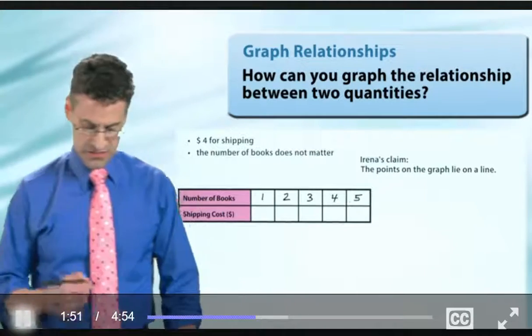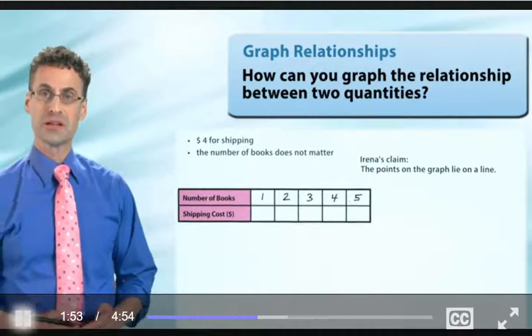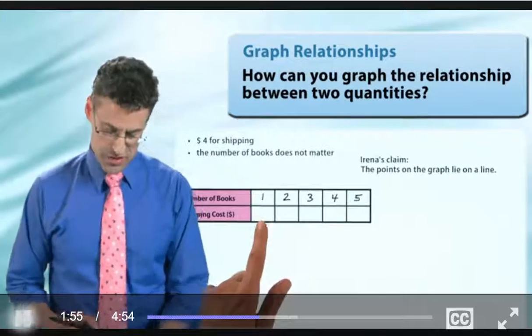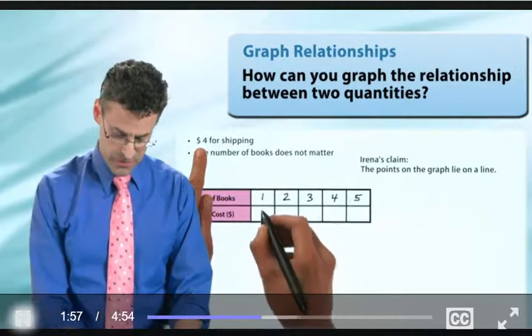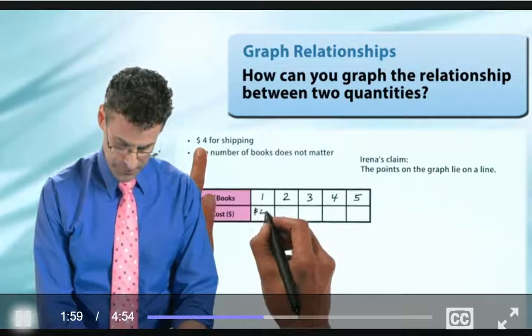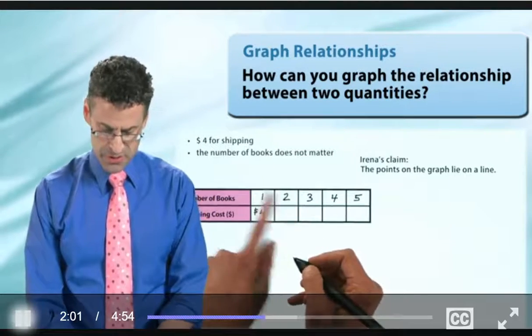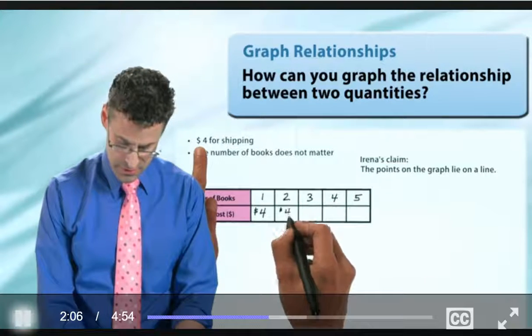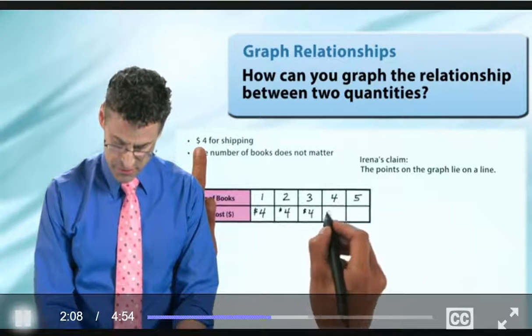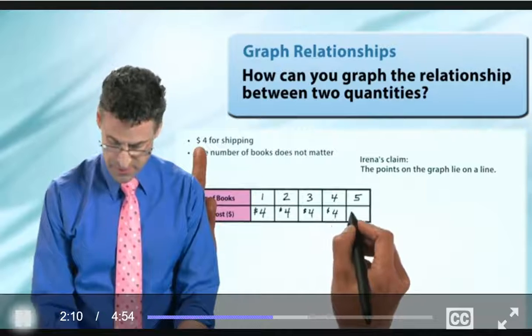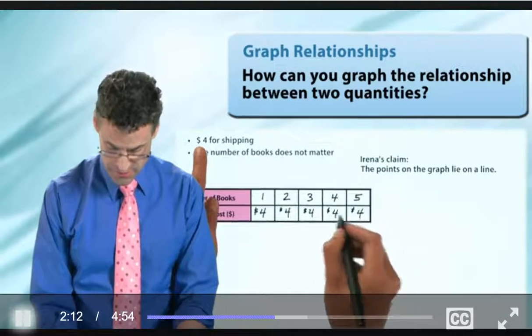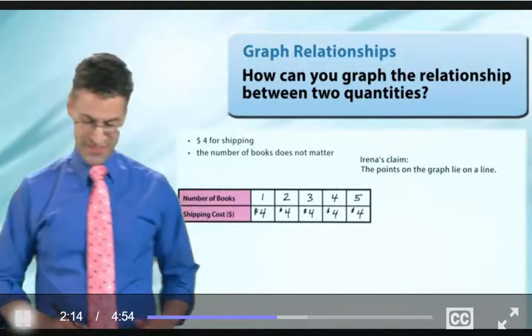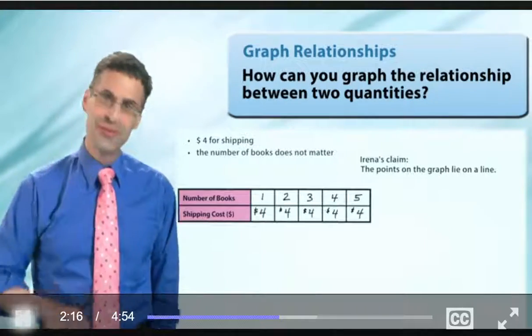Let's figure out the cost of shipping in each of these different sales. If we purchase 1 book, the cost of shipping is $4. If we purchase 2 books, well, remember, the number of books doesn't matter. We pay $4. 3 books, $4. 4 books, $4. I see a pattern. The pattern is $4. Okay, well, that was pretty easy, wasn't it? Well, that was kind of fun. Don't you love it when they're easy?